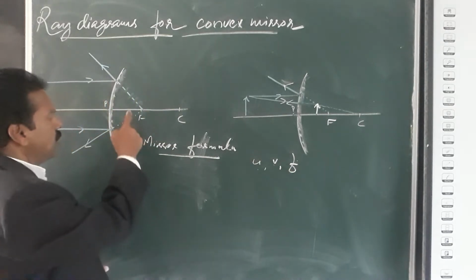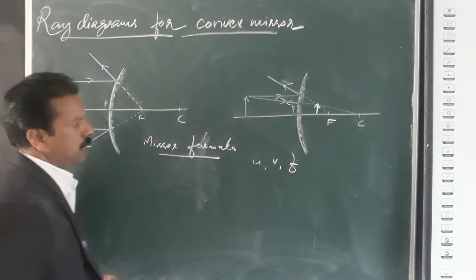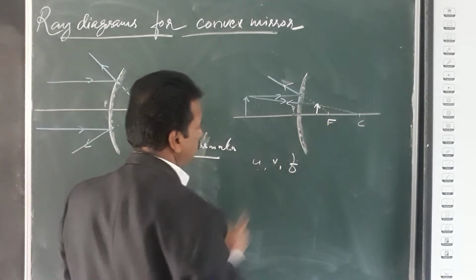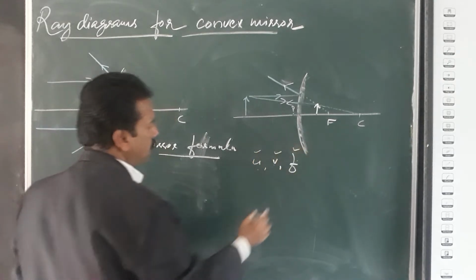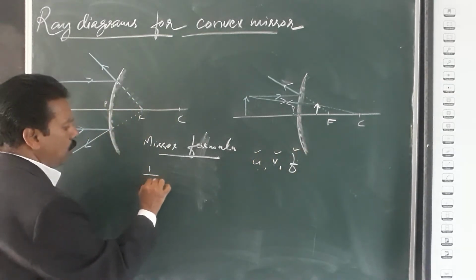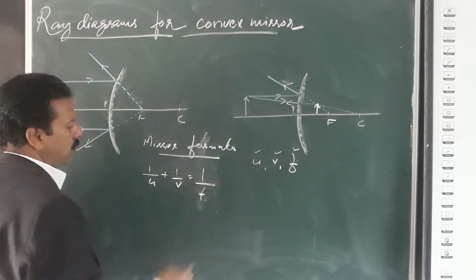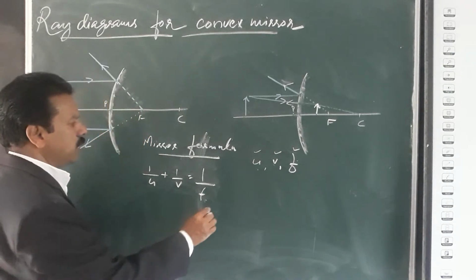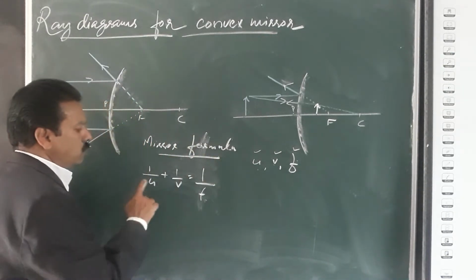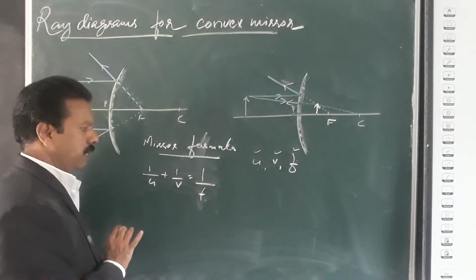Focal length means the distance between P and F. There are 3 variables, u, v, f, and there is a relation: 1 by u plus 1 by v is equal to 1 by f. This is known as the mirror formula. Out of the 3 variables, if any 2 are available, you can find the third one.